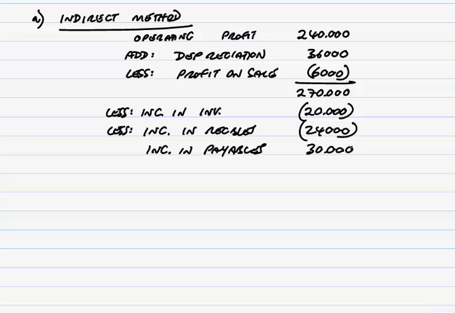Remember, if payables go up, longer to pay, we've got more cash, we'll add it. And so finally, the cash generated from operations is 256,000.